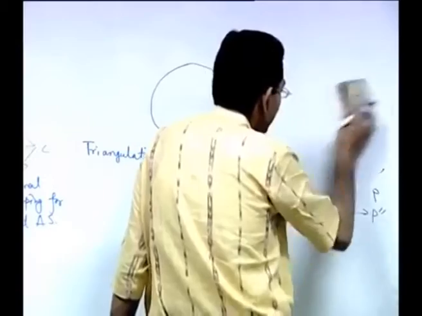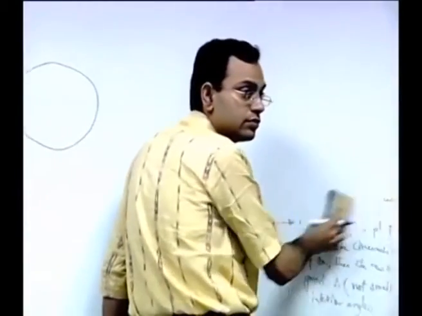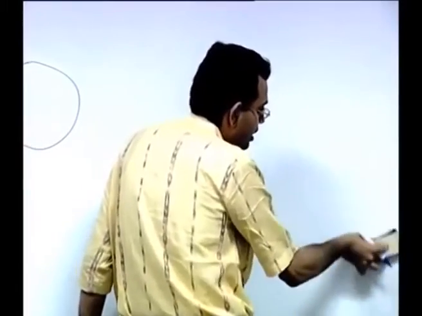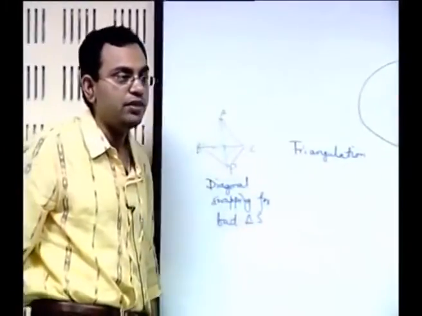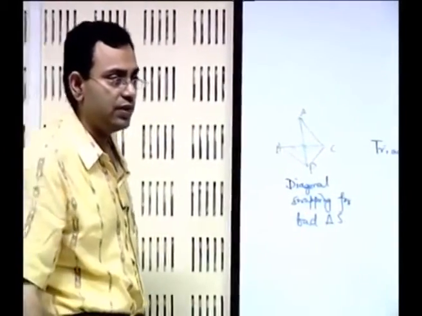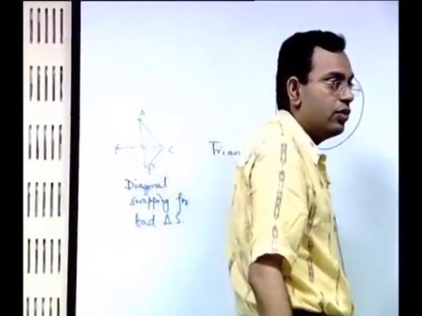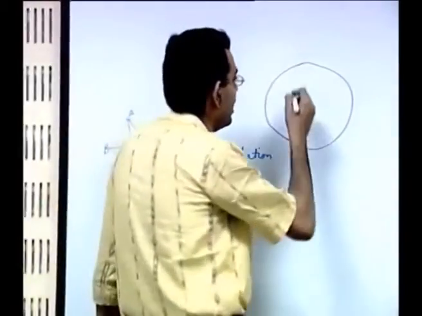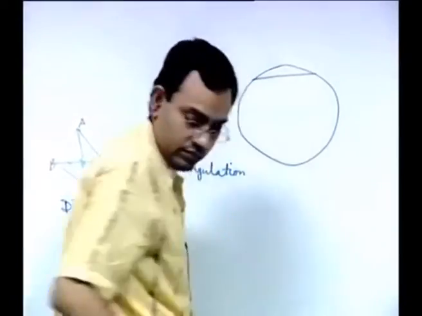Now next is, let us say that you have generated triangles. Your question is whether we can consider any point far away from the circumference. You will essentially never do that.